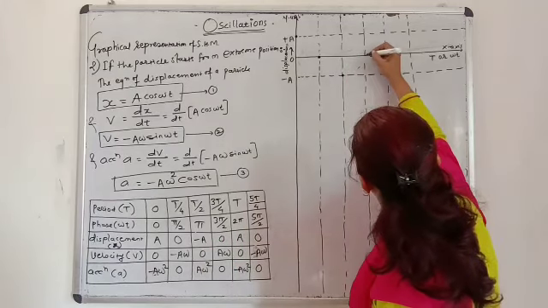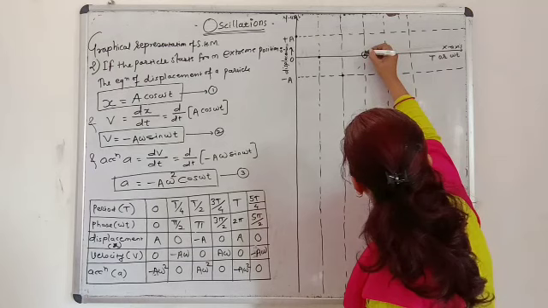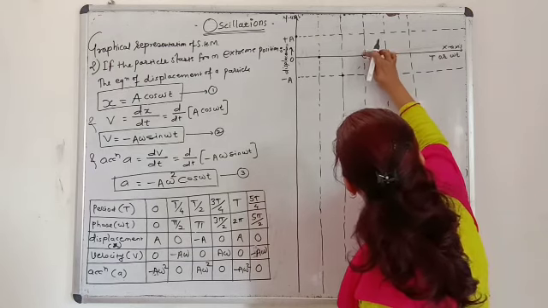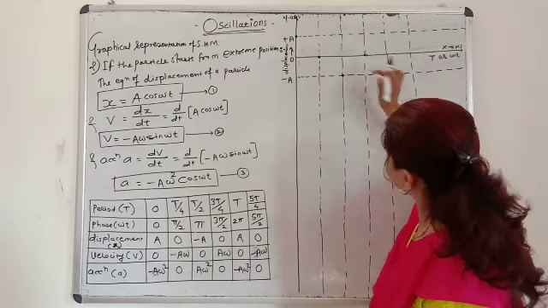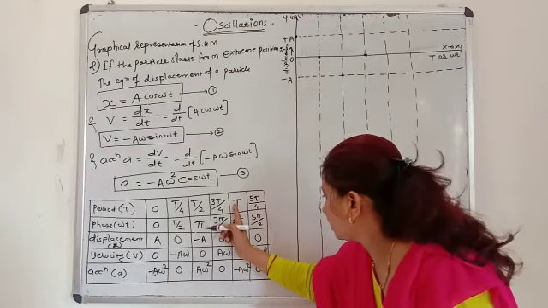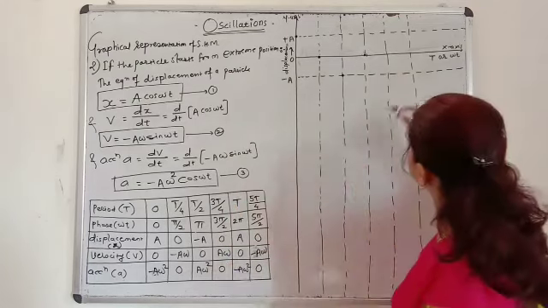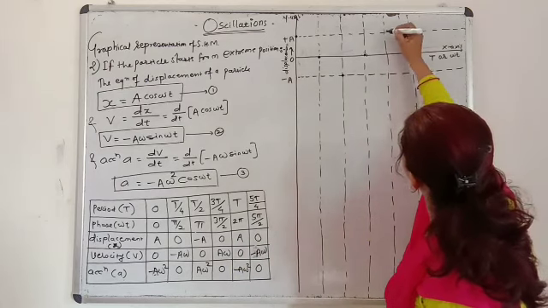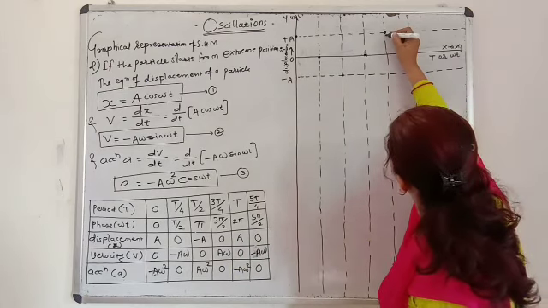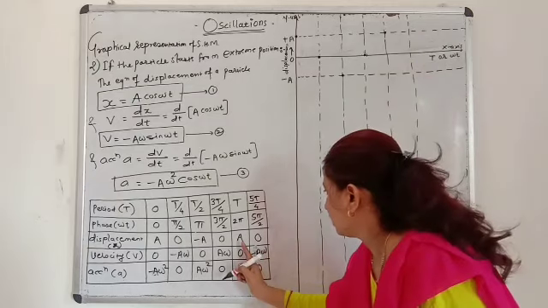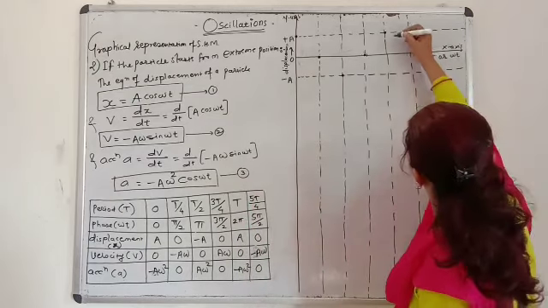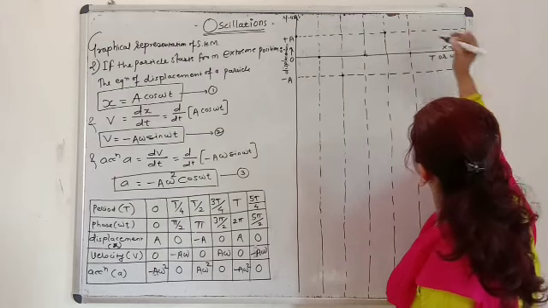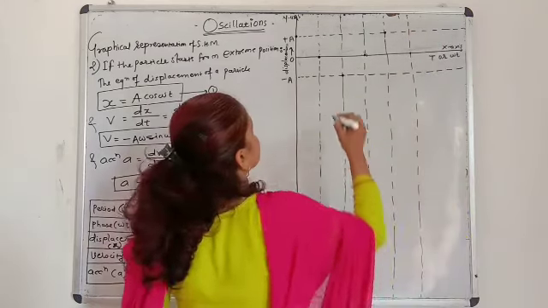So this is the point for 3t by 4. Then again at period t, the displacement is plus a. Then for 5t by 4, the displacement is 0. So the nature of the graph is like that.